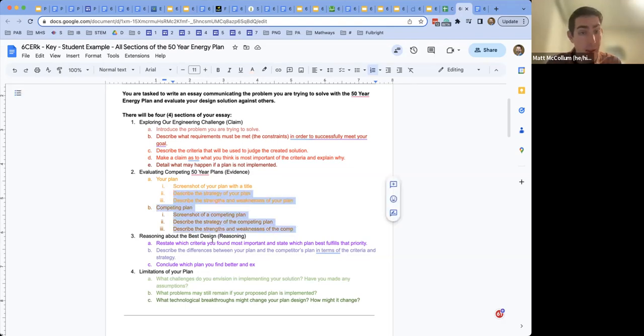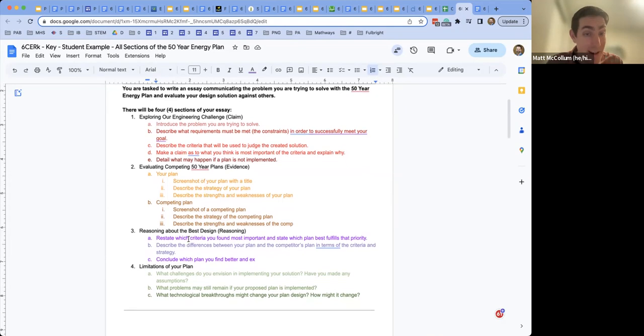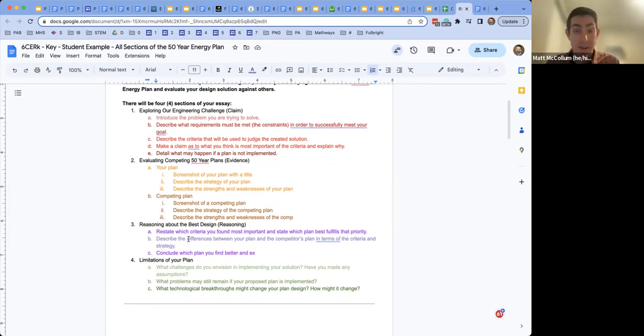In section 3, they are reasoning about the best design. They're saying which of the two plans fulfilled their priority the most. And I always tell them it's okay to choose your competitor's plan. We want to describe the differences in them and conclude which plan you find better.